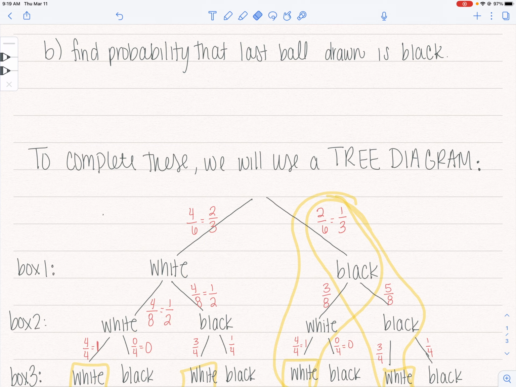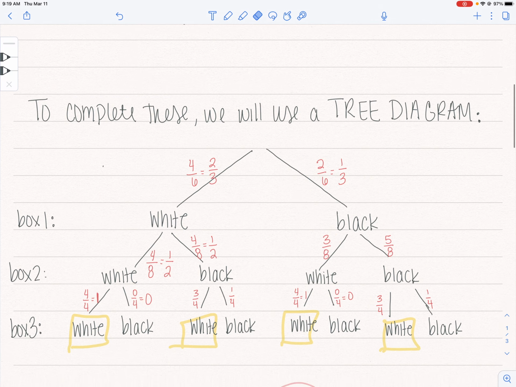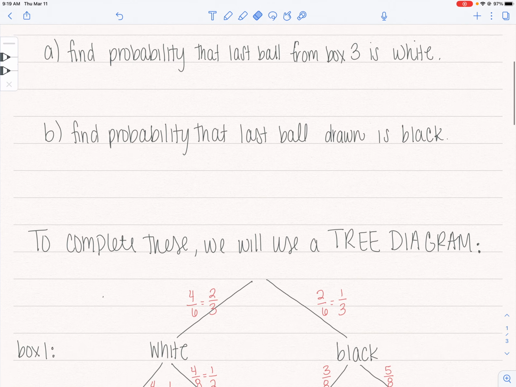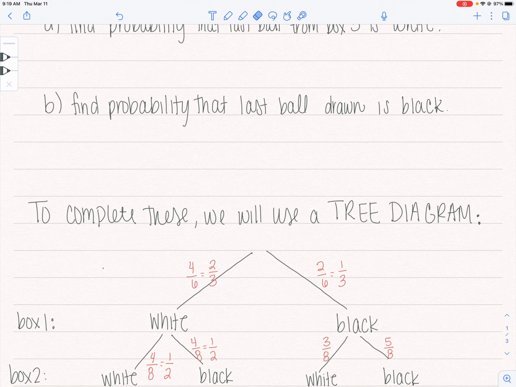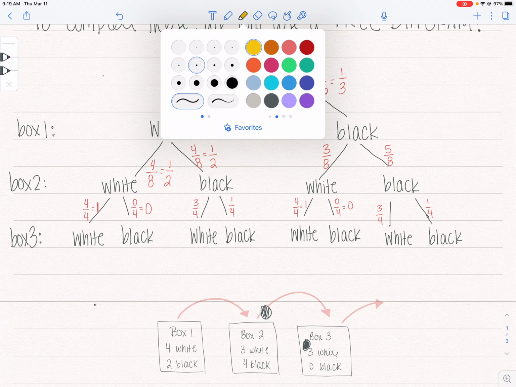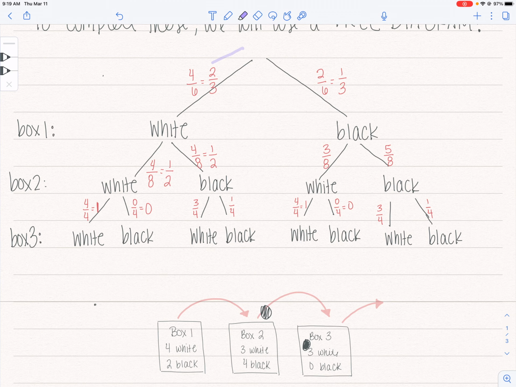For the next one, let me take all this off. To find the probability that the last ball drawn is black, it is going to be all the other ones.